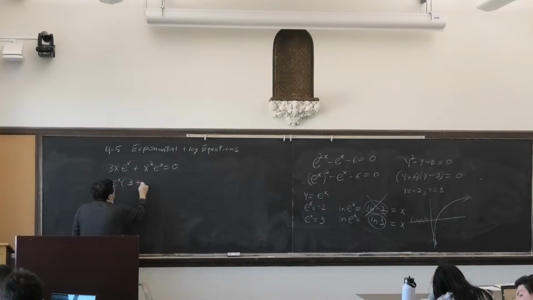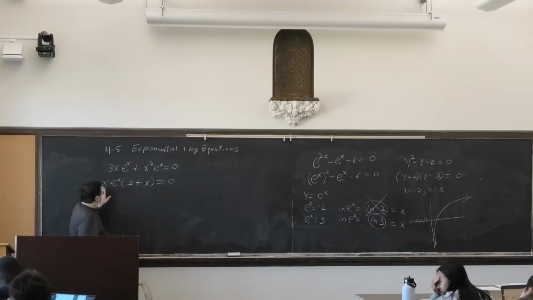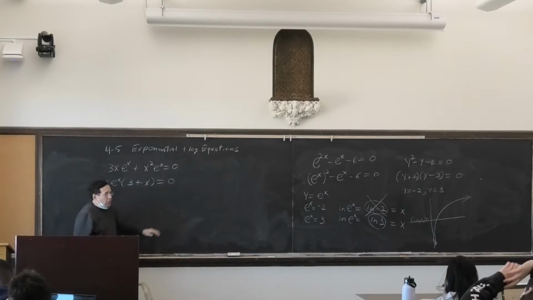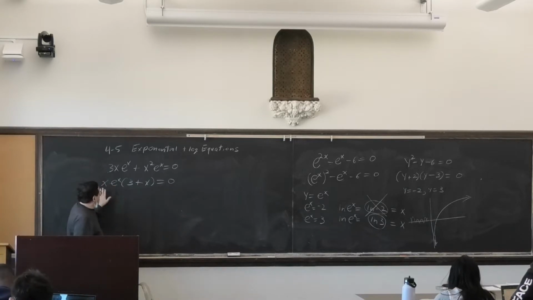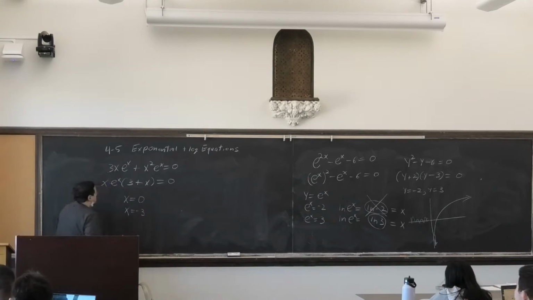So we have 3 plus x equals 0. That theorem of algebra tells us if the product of some things is 0, then if any of them individually are 0, they're a solution. So immediately we can see x equals 0 is a solution. This tells us x equals minus 3 is a solution.